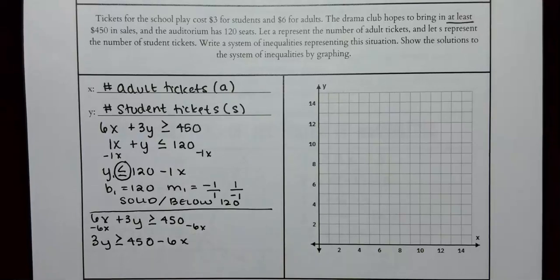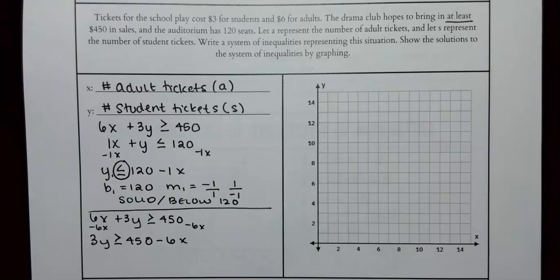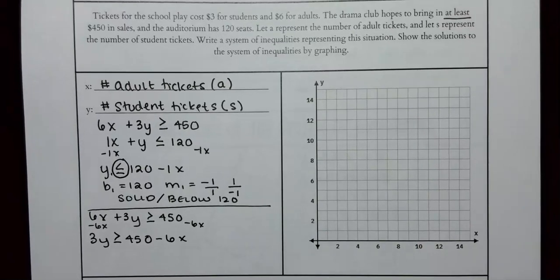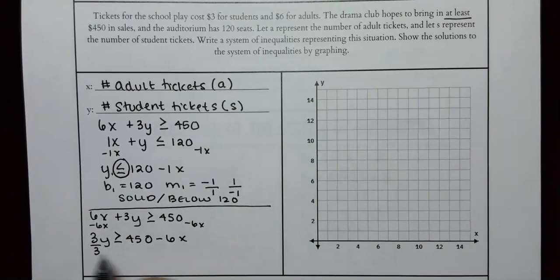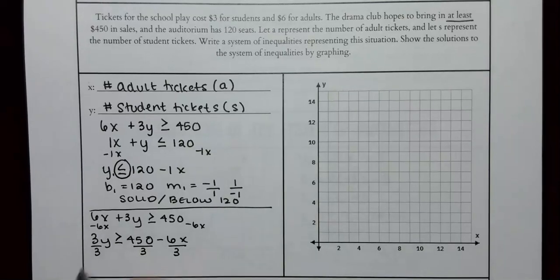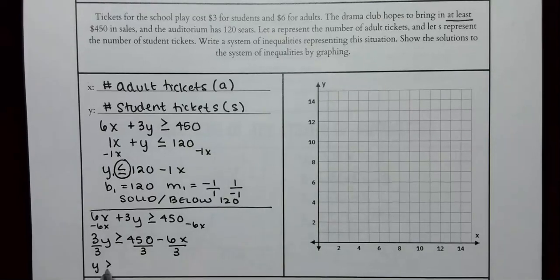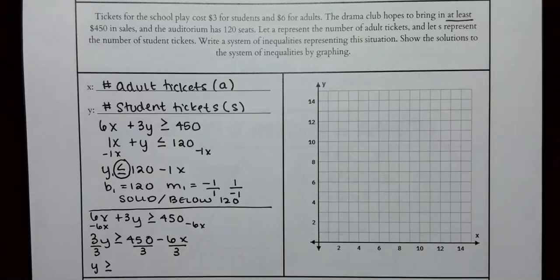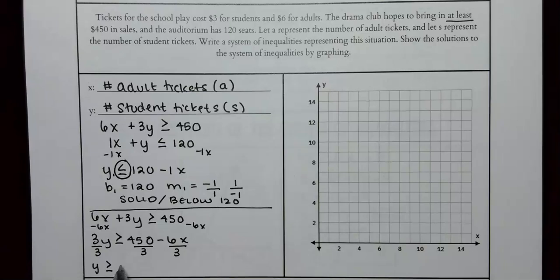All right, I'm going to go ahead and divide by 3. And because it's a positive 3, we are not going to flip our sign. If that would have been a negative 3, then we would flip it from a greater than to a less than. So this becomes y is greater than or equal to, if you do 450 divided by 3, it will give you 150 minus 2x.